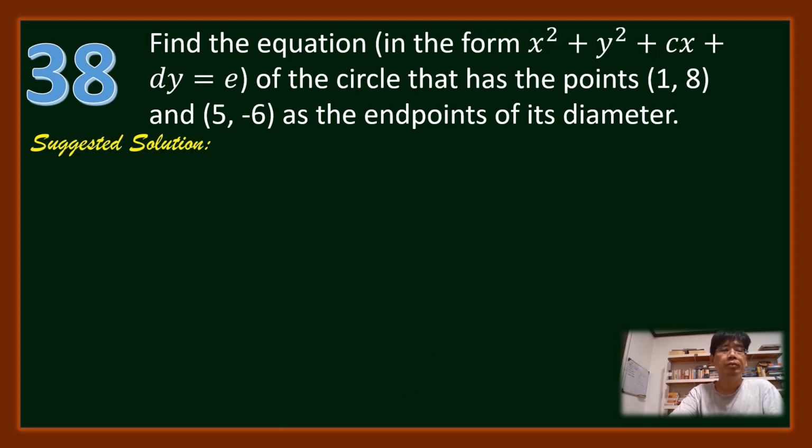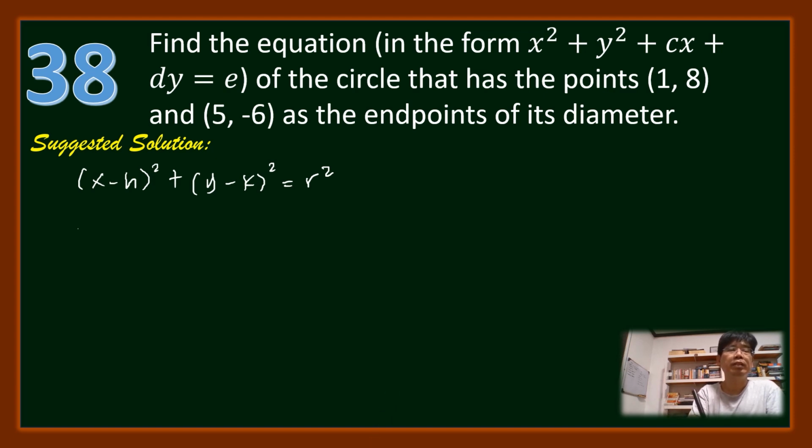So, the center radius form of the equation of the circle is x minus h squared plus y minus k squared equals r squared. To find this equation, we need to get the coordinates of the center h, k and the length of the radius r. Since the circle has the endpoints of its diameter given, the center must be the midpoint of this diameter.